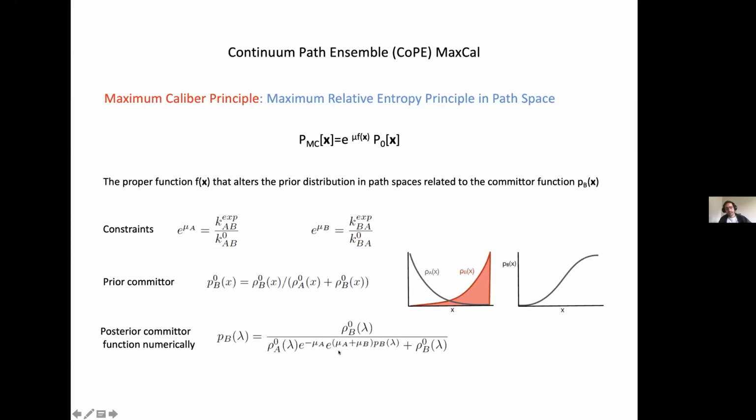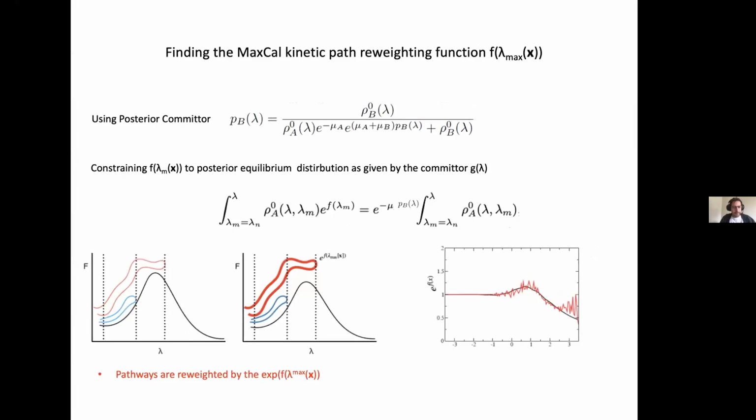And now, given that we know our Lagrange multiplier mu, we are able to find the altered committer, the posterior committer. I will be showing an example in a moment. Given that we have our posterior committer, we know how the committer changed due to the fact that we changed the rate.